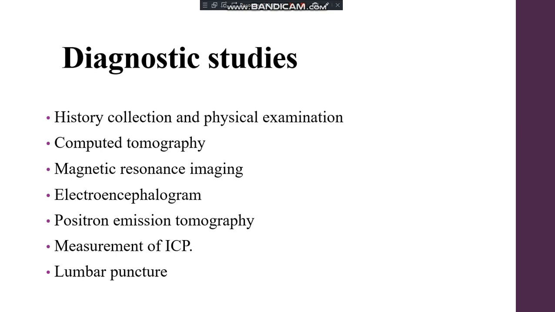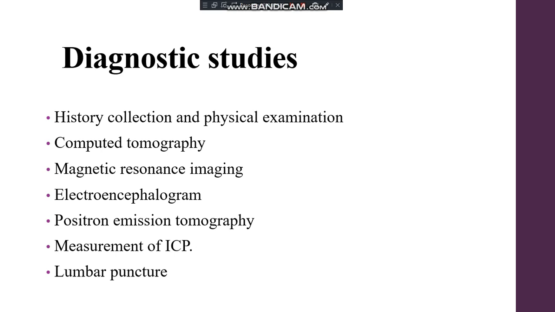Now let's look at some of the diagnostic studies, how we are able to diagnose increased ICP or cerebral edema. Of course, history collection and physical examination. In case of physical examination, what we have to focus on more is the neurological examination. Then computed tomography, that is CT scan, as well as MRI scan.